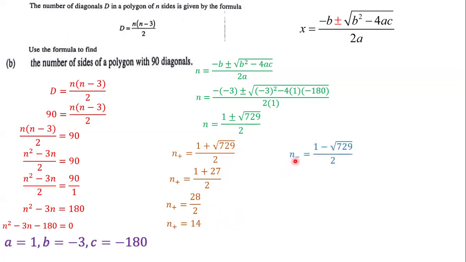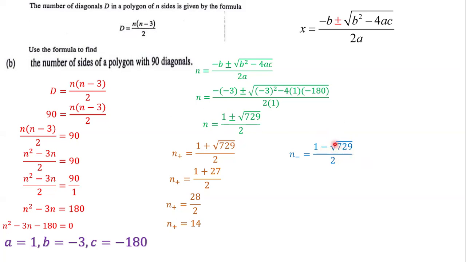Next, let's consider n negative. n negative means that we use a subtraction symbol in between these two terms instead of a positive symbol. So we have 1 minus the square root of 729, all over 2.